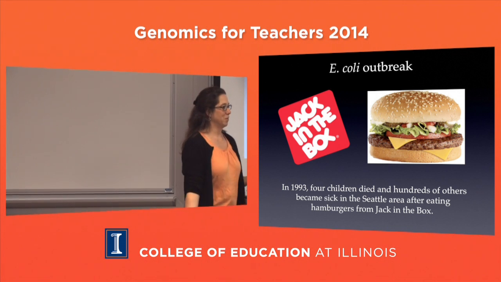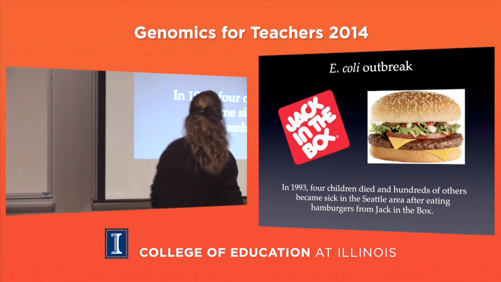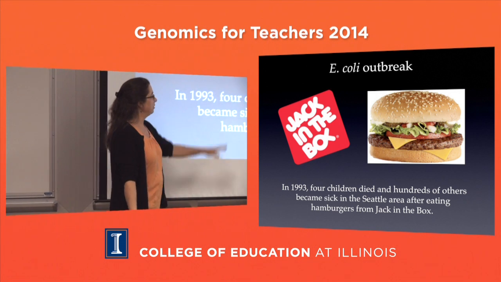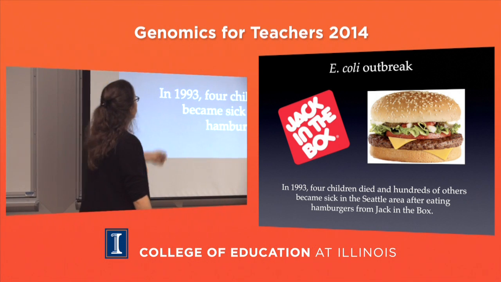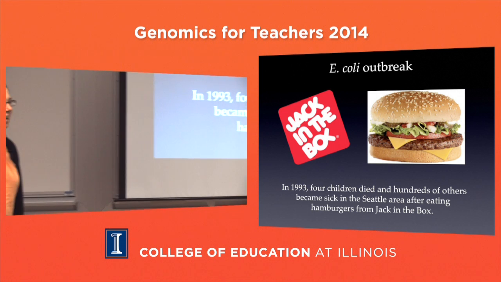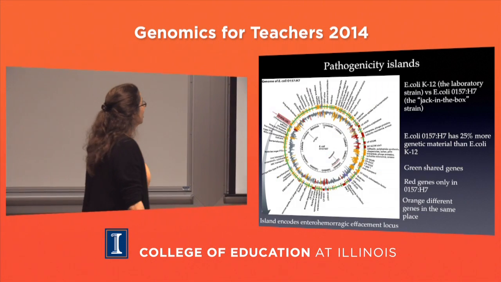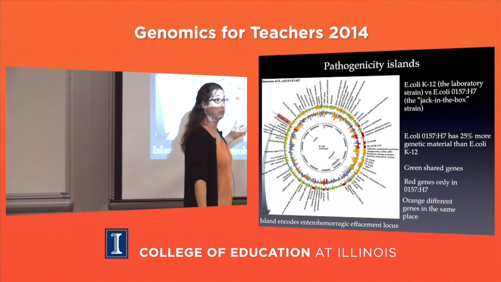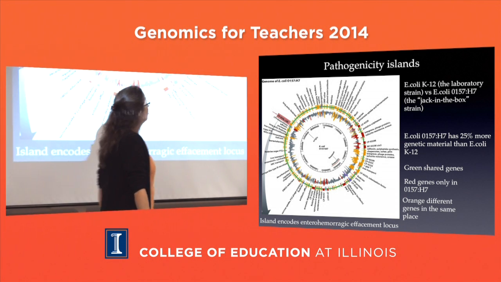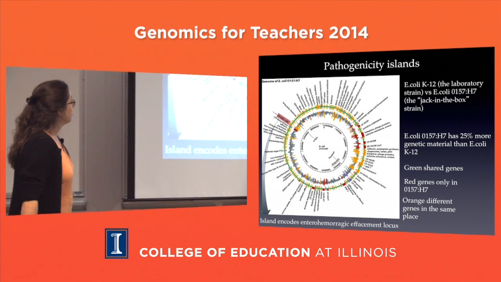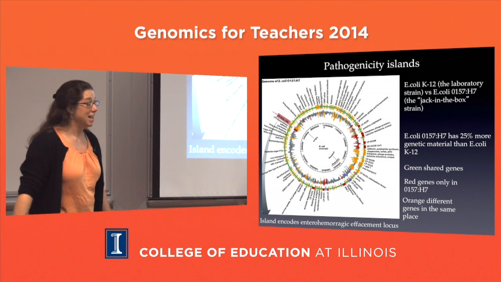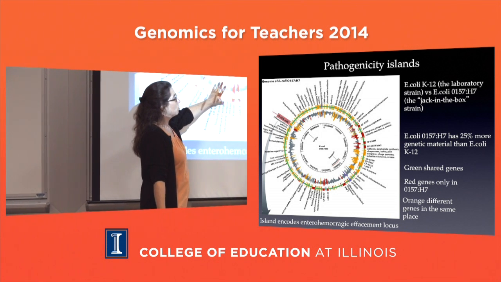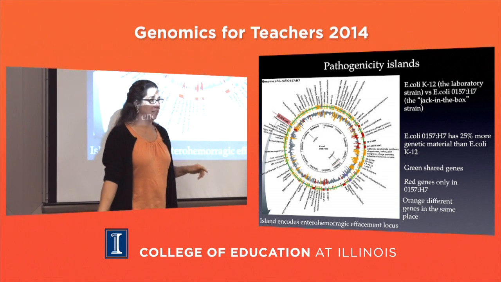I don't know if you guys will remember this. My MCB 300 students don't, which is a little upsetting to me. But in 1993, 4 kids died and hundreds of others got sick from this Jack in the Box E. coli outbreak. There have been many since then, right? So they sequenced the E. coli strain that was present in that Jack in the Box, O157:H7, and they compared it to the lab strain, and they found that this E. coli strain has 25% more genetic material than that lab strain.